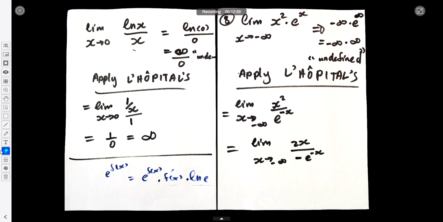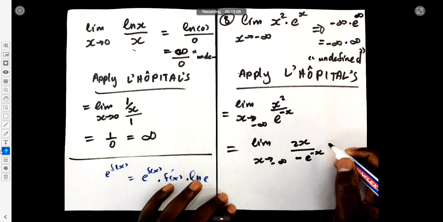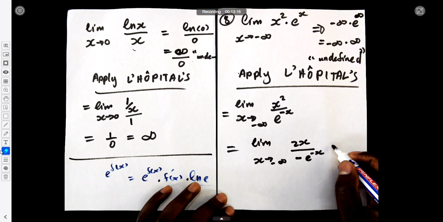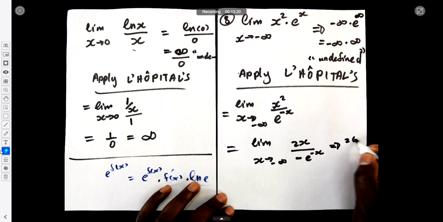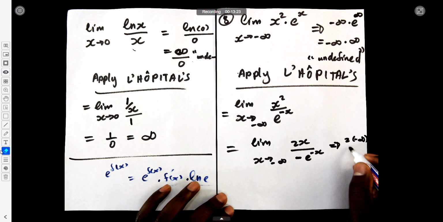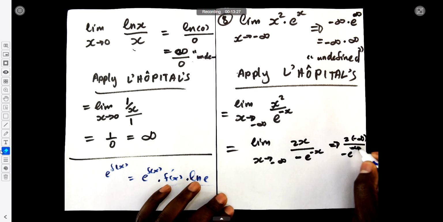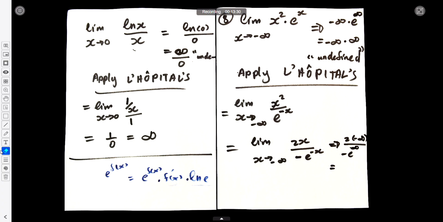So we just applied a lot of rules. You still have to apply L'Hopital's rule, but you apply differentiation and exponential laws. So please do direct substitution again. It's 2 times a bigger number, positive, still an undefined situation.